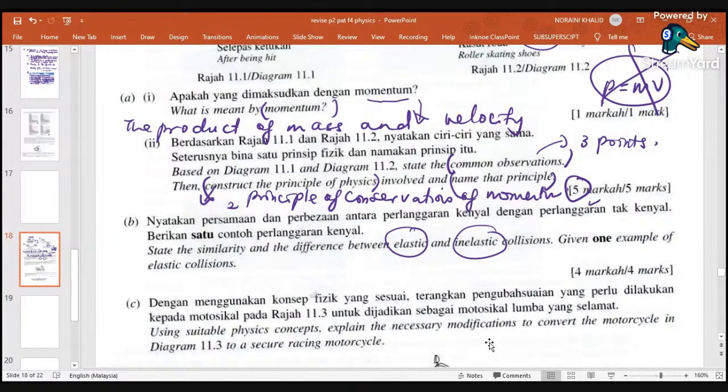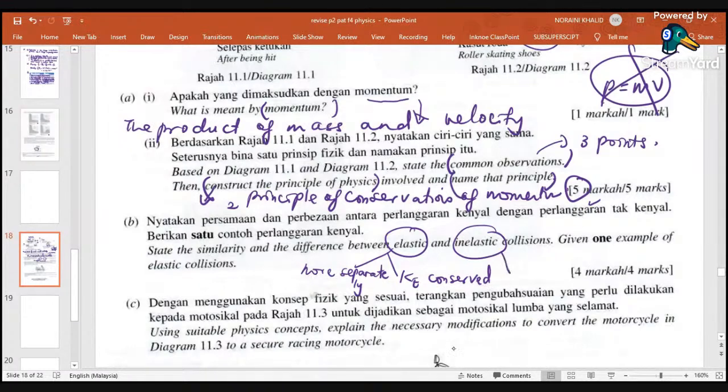The differences. For elastic collision, objects move separately after collision, and total kinetic energy is conserved. That is the important point for elastic. Conserved means if you calculate kinetic energy before, it equals total kinetic energy after.